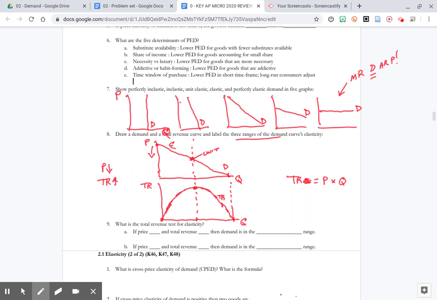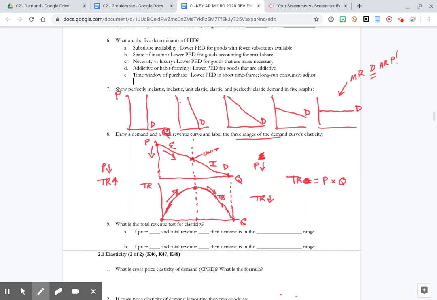So we notice that total revenue is rising when price is falling. That's the elastic range. And then down in this range, total revenue is falling, and the price is falling. And so when you have them moving in the same direction like that, that's the inelastic range.